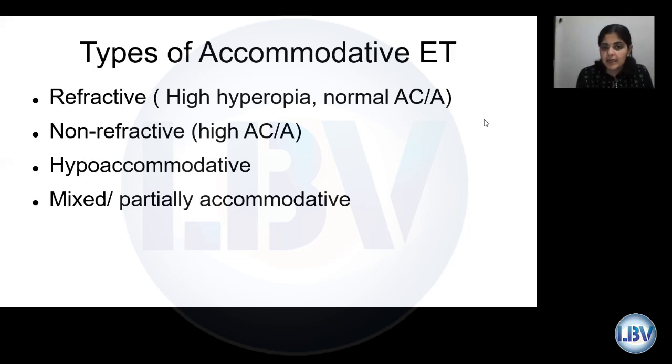Here it is the refractive kind, wherein you have high hyperopia and normal ACA ratio. You have non-refractive kinds, wherein there is no or very little hyperopia, but there is a very high ACA ratio. You then have a hypoaccommodative type esotropia, and a mixed or a partial accommodative esotropia.